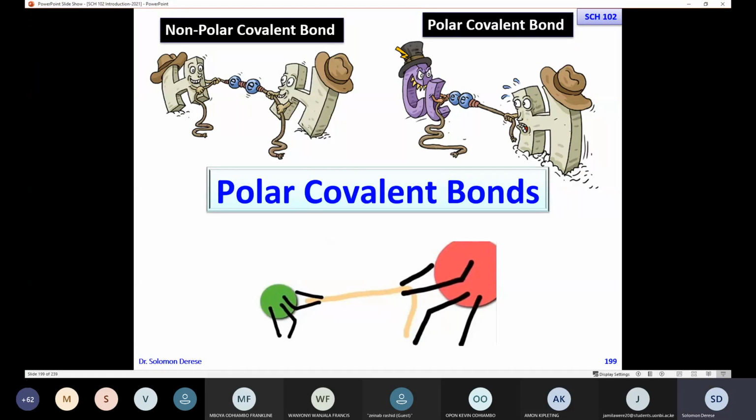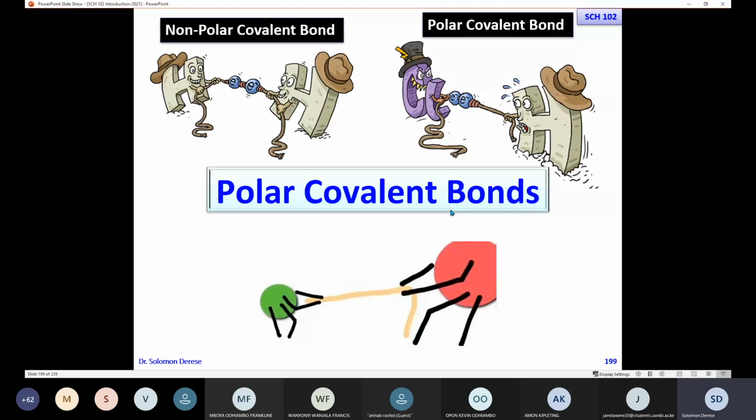The bonds carbon forms with other elements are as a result of sharing of electrons. Okay, but sharing is never the same. And as a result of that, the bond that is going to be formed will be polar, not non-polar, but polar covalent bonds will be formed.